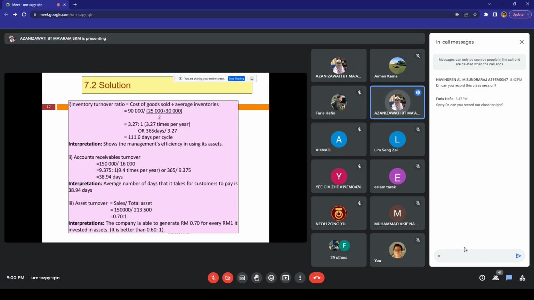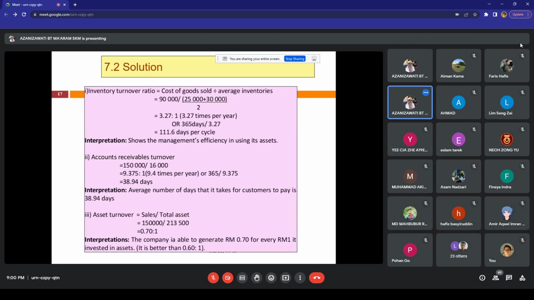Can you recall for the industrial engineering in inventory topic? Quiet only. Or everyone blank?